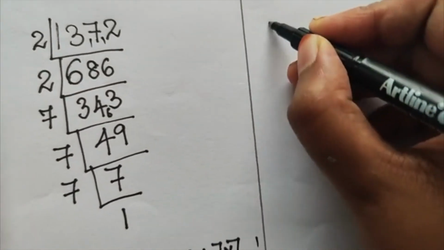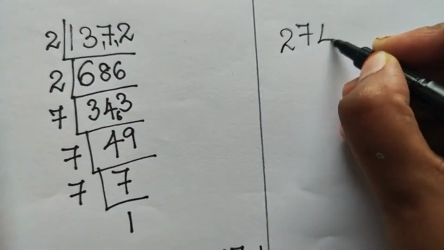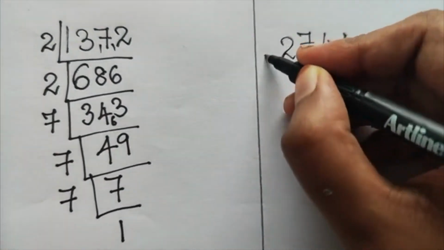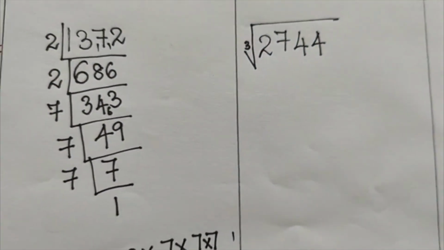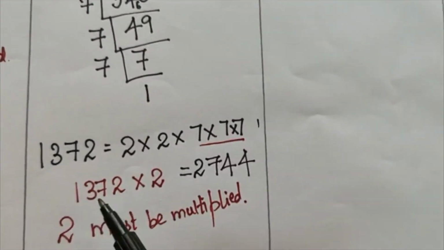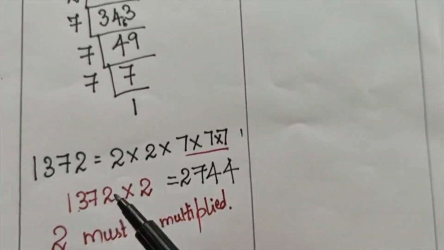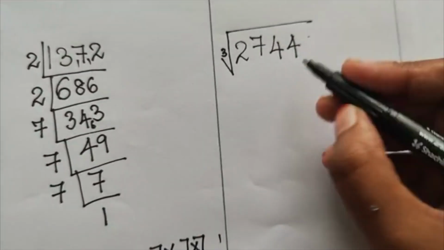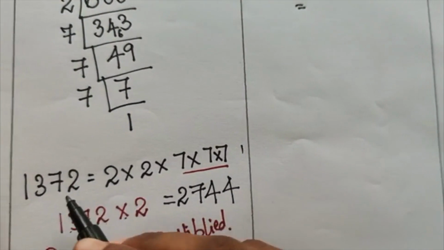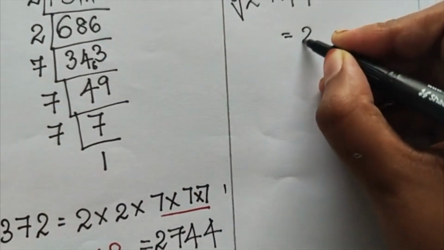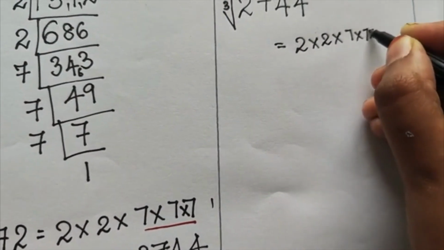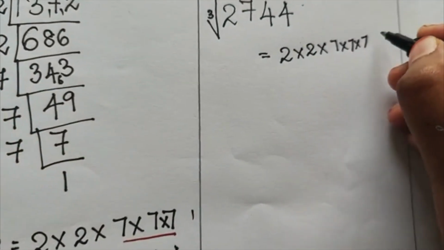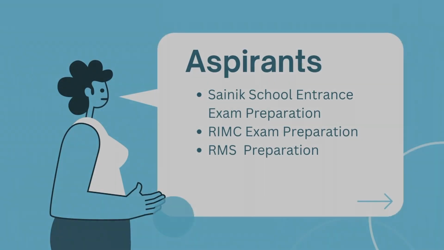The product so obtained is 2744. We need to find the cube root of 2744. We need not find one more prime factorization because we know that 2744 is nothing but 1372 into 2. 1372, the product is 2 into 2 into 7 into 7 into 7, and then into 2.